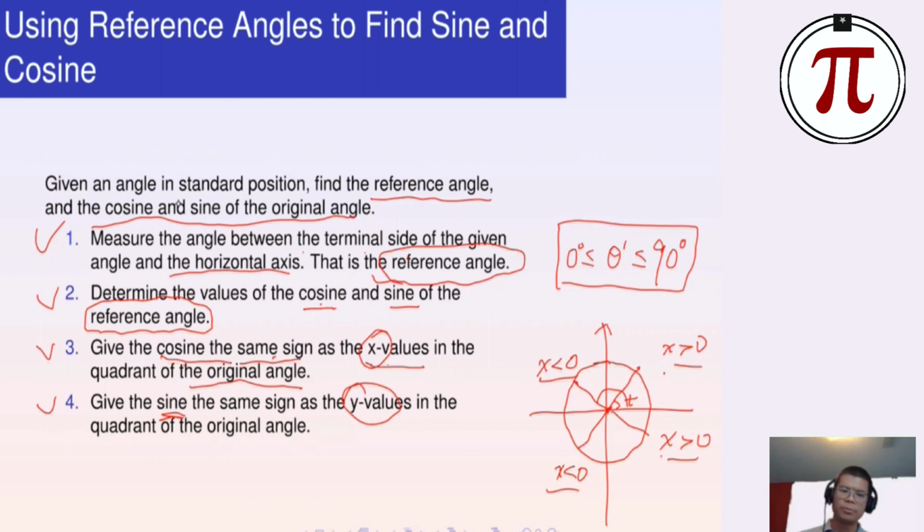Step 2 is determining the cosine and sine of the reference angle. If they're special, we have the table. If they're not special, we can use a calculator. Step 3, for cosine, the same sign as the x value of the original angle, and for sine, the same sign as the y value in the quadrant of the original angle.